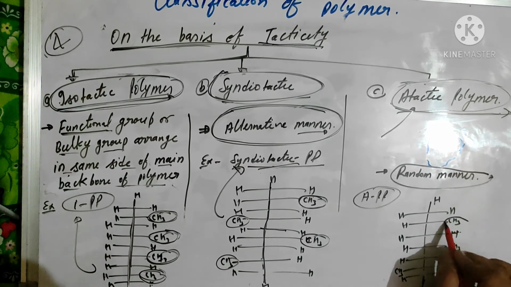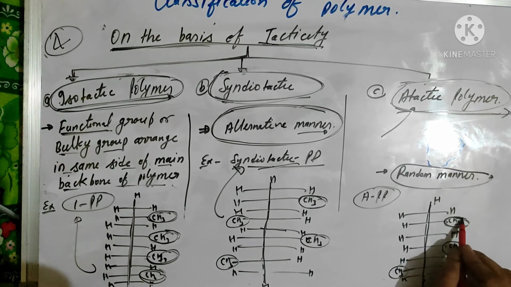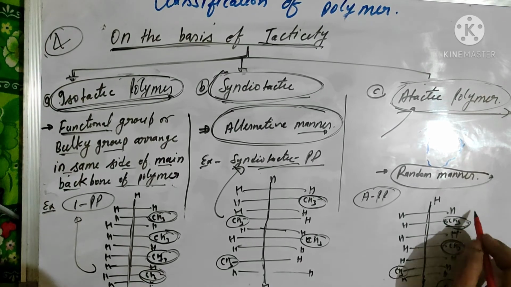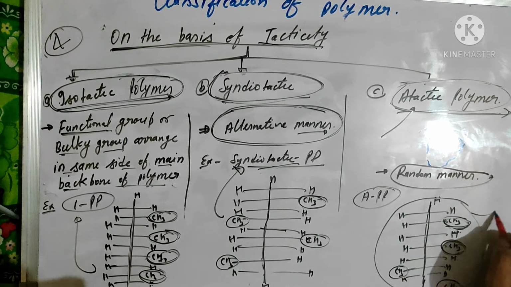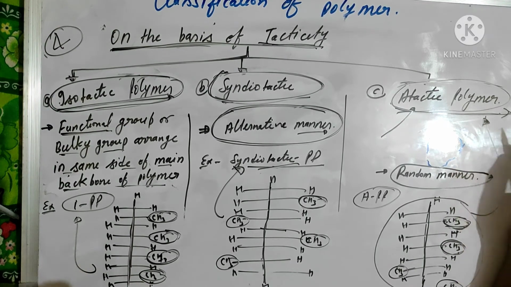You can see this bulky group arranged in a random manner surrounding the main polymeric chain. One is here, again here, then again here. You can see there is no exact pattern of the CH3 attached to the main polymeric chain. So this polymer comes under the atactic polymer, and all atactic polymers are amorphous in nature.